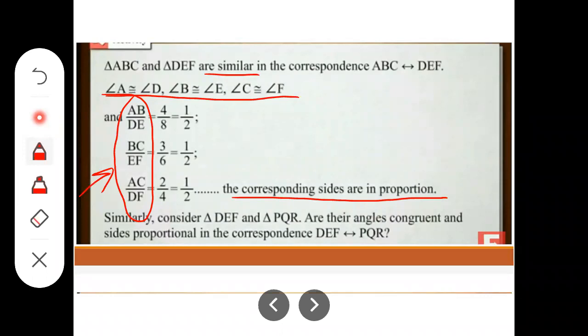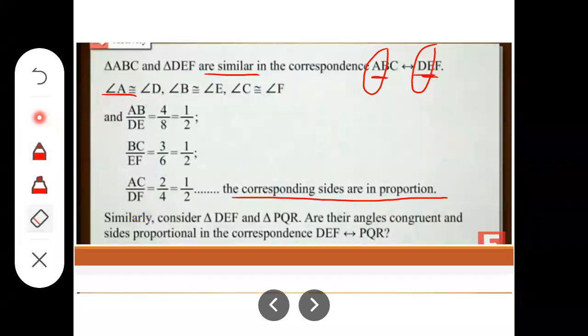Very easy. See, the first two vertices form a side. Then for the second triangle, the first two vertices. Take the first two vertices of the first triangle, and the first two vertices of the second triangle. Now see which sides are formed: AB and DE. So AB divided by DE. Now we have to take BC.